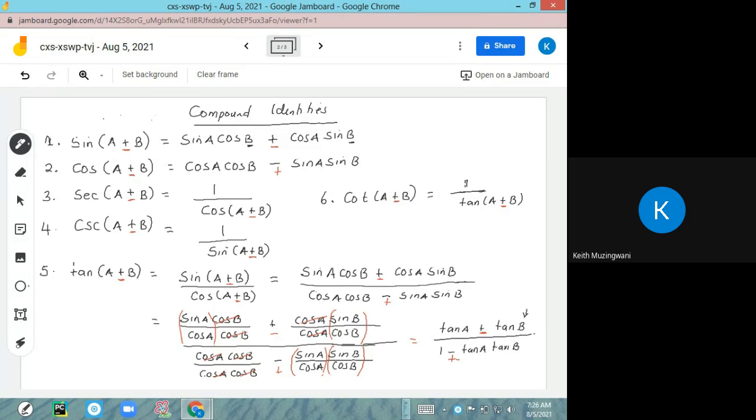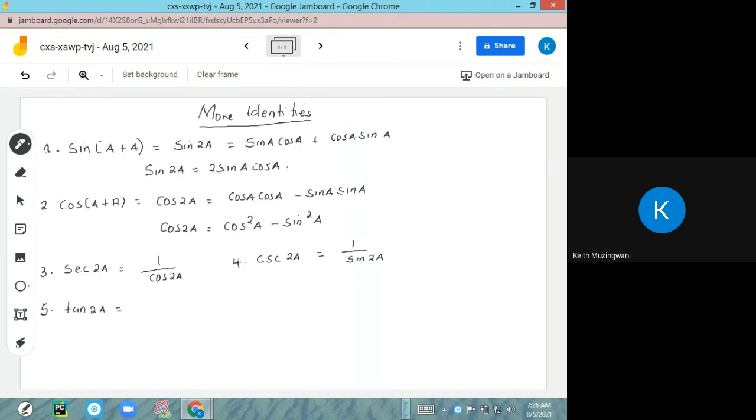So we'll have tan A plus tan A, we'll get 2 tan A over 1 minus tan squared A. So that the time you see cot 2A, you're not just dealing with 1 over tan 2A.